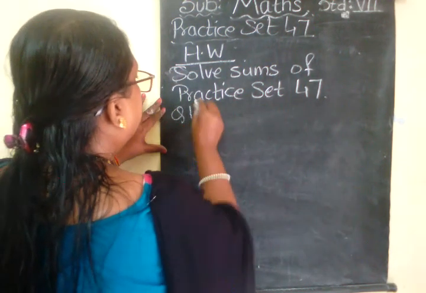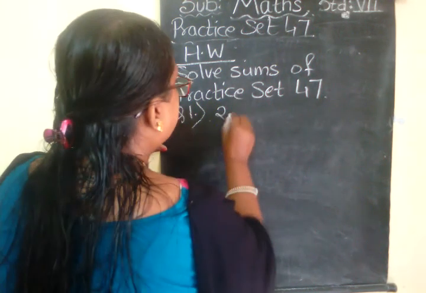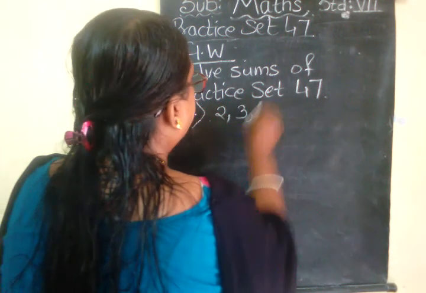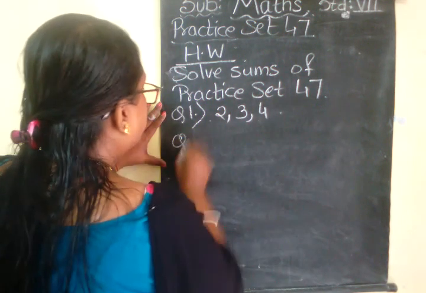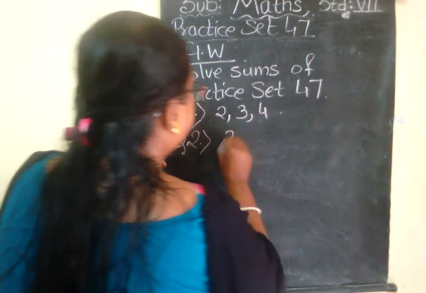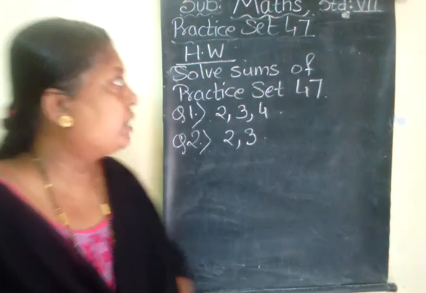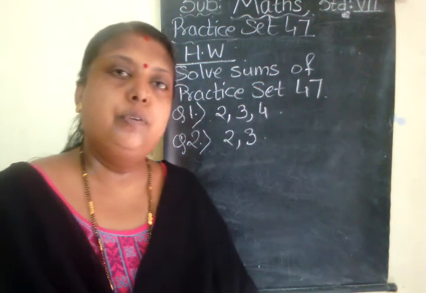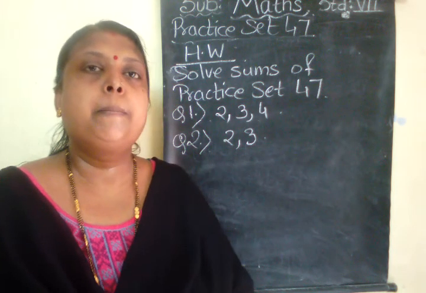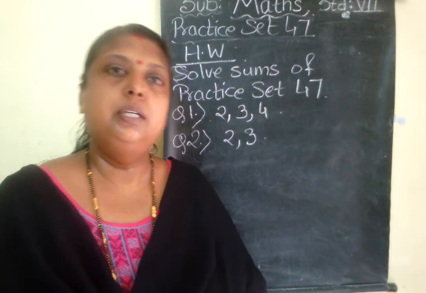Question number 1, in which second, third and fourth. Question number 2, second and third. So total 5 sums I have given as homework. You have to do it. You will get the answer. They are simple sums. Practice them. Have fun. Thank you.